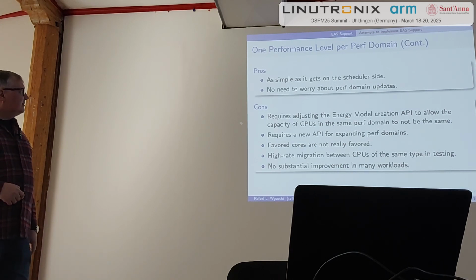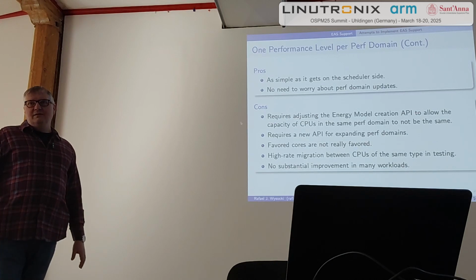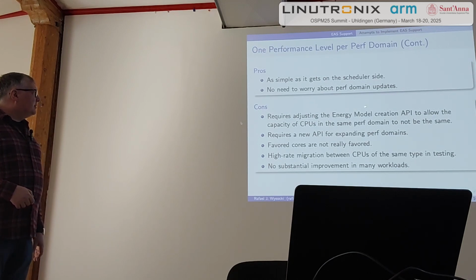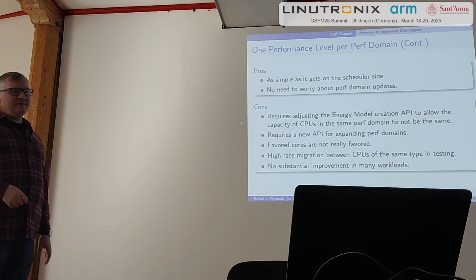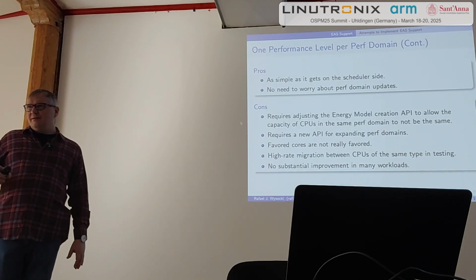Interesting thing is that in this model, you don't need to worry about updating anything. You just set a cost and forget it, essentially. And there are, well, I wouldn't say issues, but yeah, it requires some tweaks to the energy model code, because as is, it doesn't accept this type of simplicity. You need to be able to expand the perf domain, which is something that Dietmar was talking about.